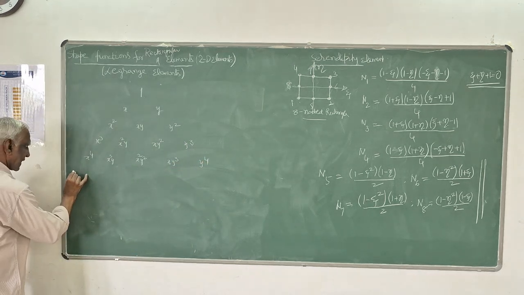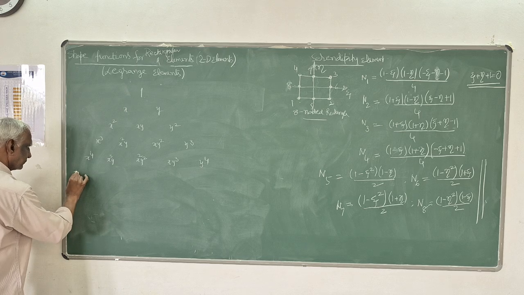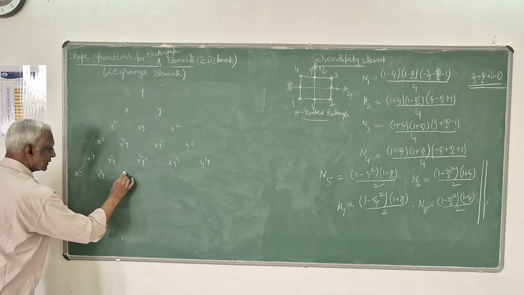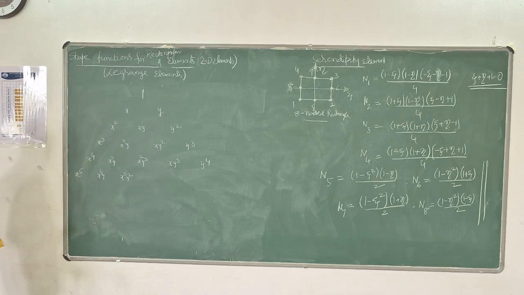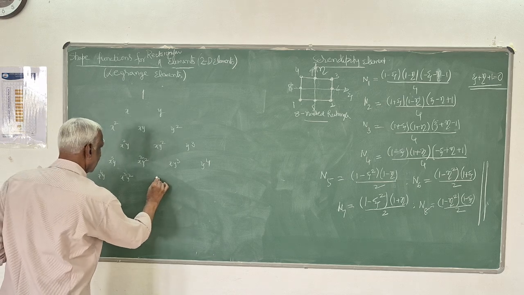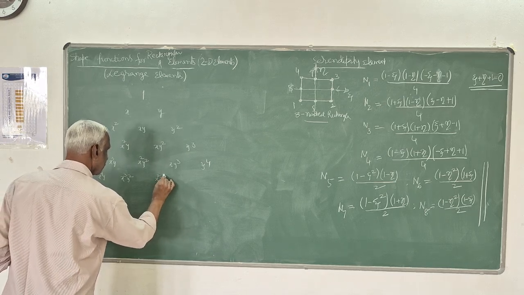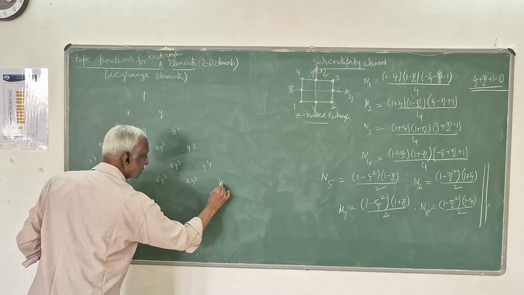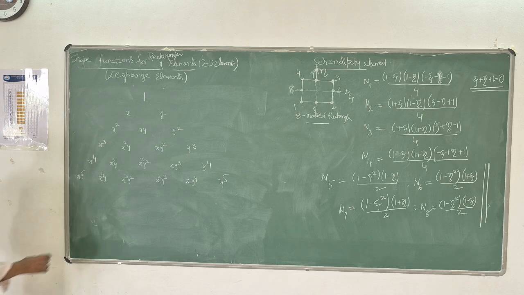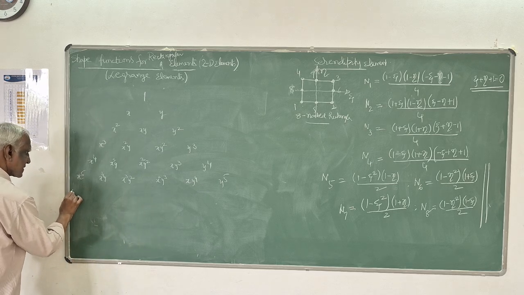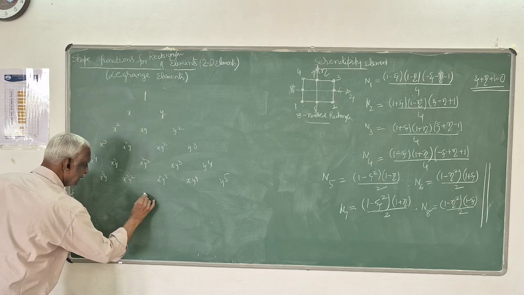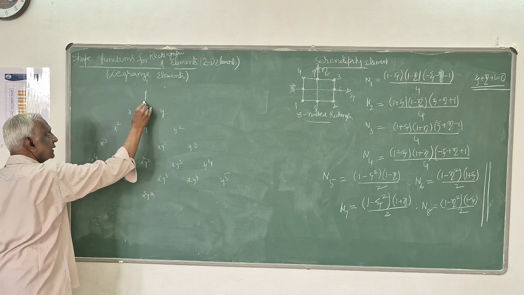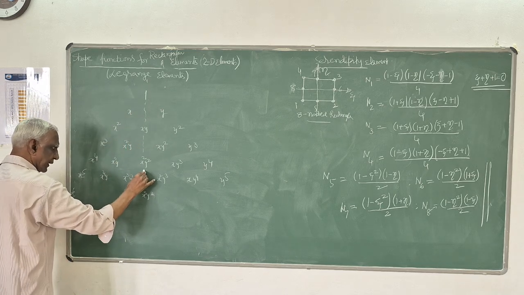Then x to the power of 5, then x4y, x cube y square, x square y cube, x y4, and y5. And like that with x6 also, here you have x cube y cube. So this is the line of symmetry.